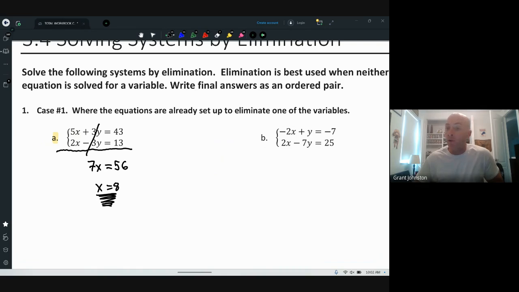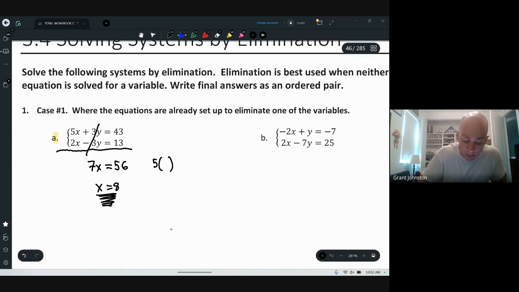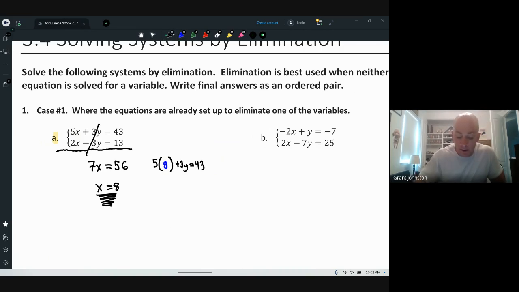Now to get y, of course, we need to substitute 8 into either one of the equations. I'm going to put it in the first equation. The first equation says 5x plus 3y equals 43. So x is 8. Put 8 in for x: 5 times 8, plus 3y equals 43. 5 times 8 is 40.